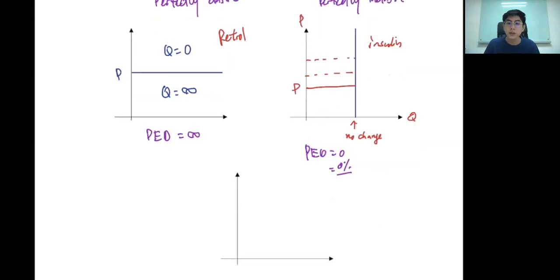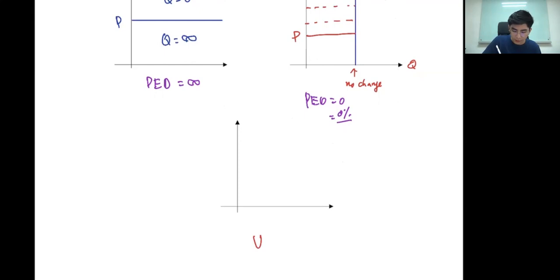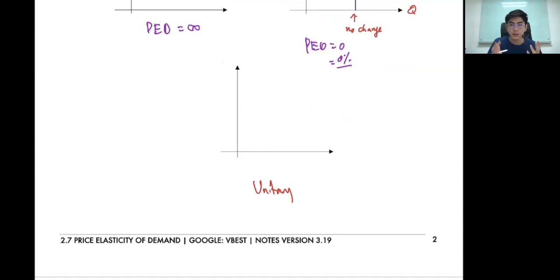And the last one will be unitary. This one is totally random. Why do I say random? Because there's nothing that looks like this. The curve looks like this one. So unitary, the word is unit change, which means that PED is equal to 1.